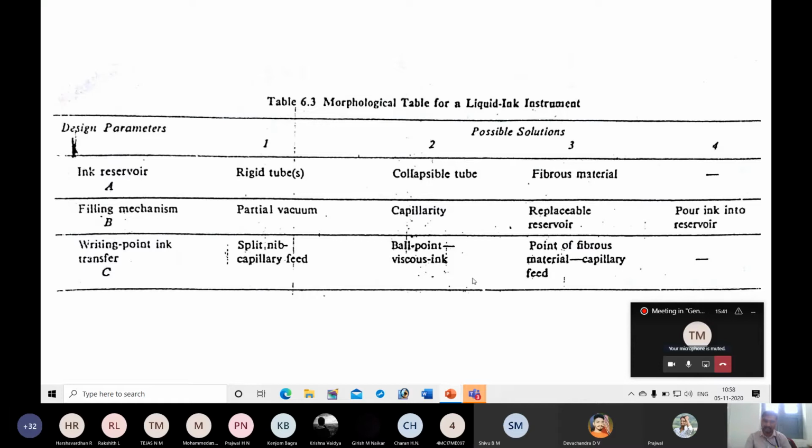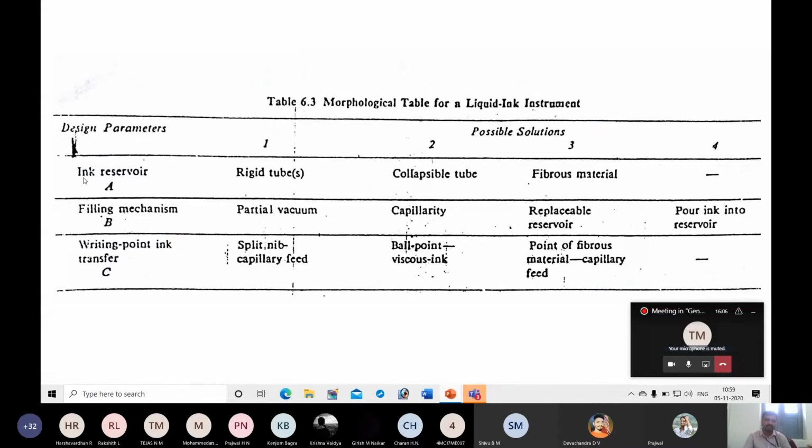Next, in AIDA, that is analysis of interconnected decision areas, you have to look into which are the compatible combinations and which are the incompatible combinations. Now, before going to that, first you have to think whether these three parameters are independent or interdependent.